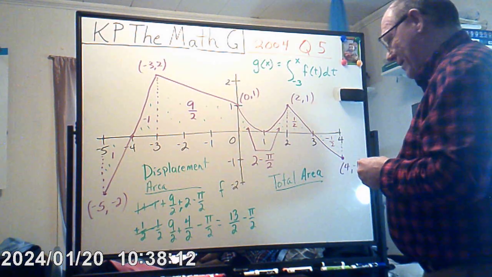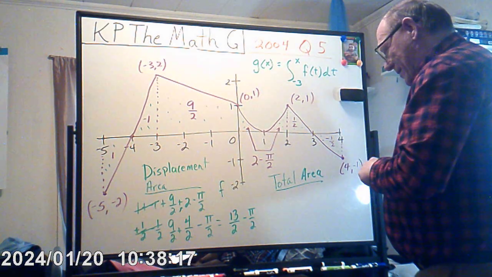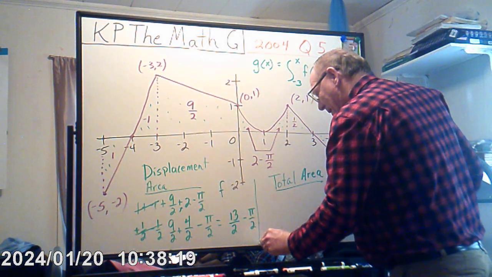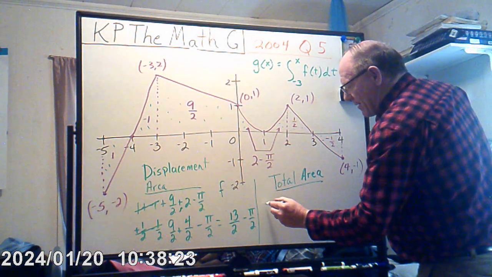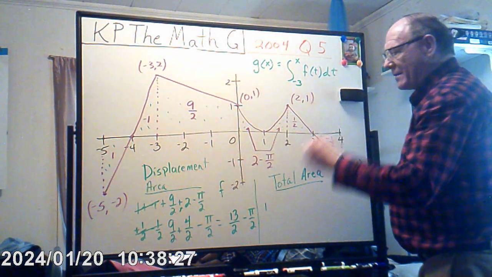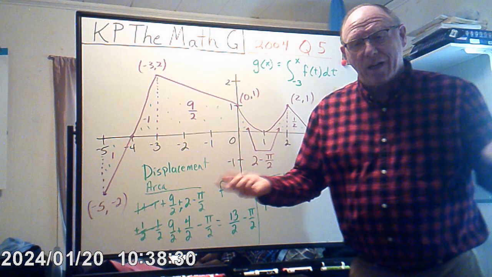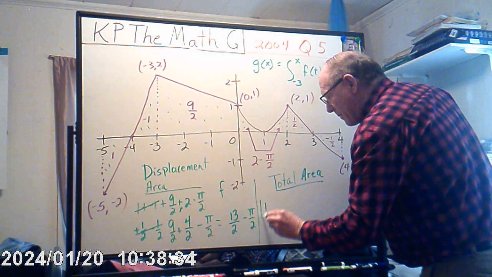Total area, what is it? Well, you're taking the sum of all these again, but everything has an absolute value around it. The first number is 1, and the absolute value of 1 is 1. A positive number I would not need to take the absolute value of, but for simplicity I will.